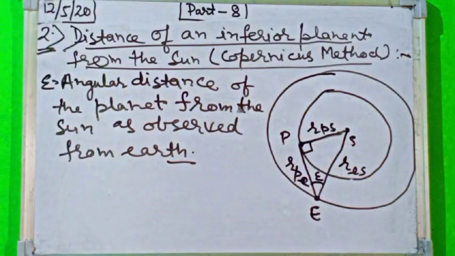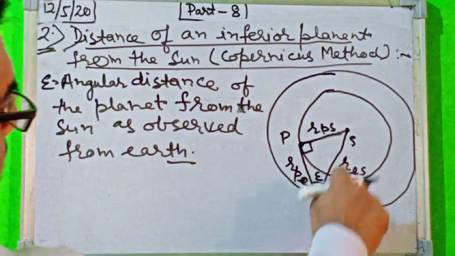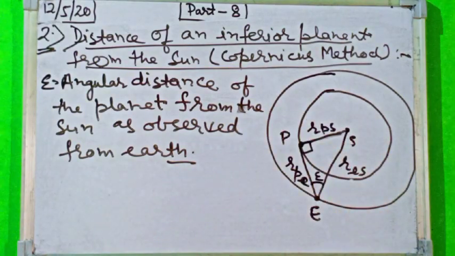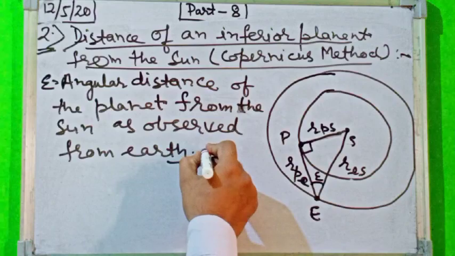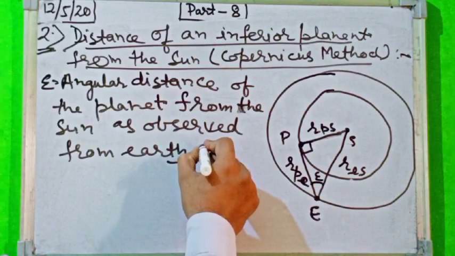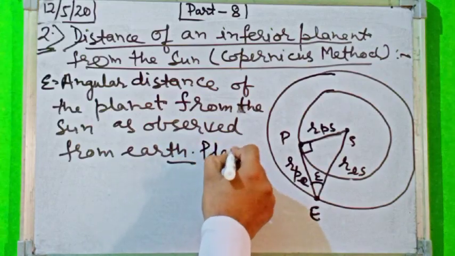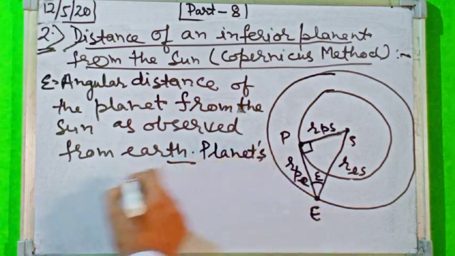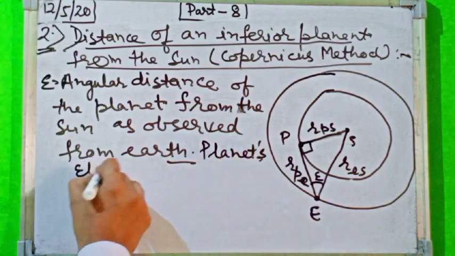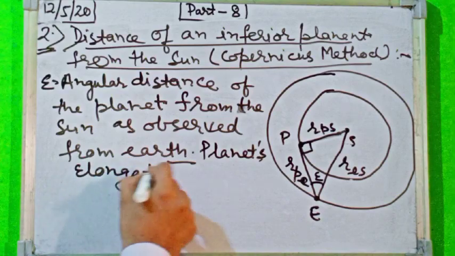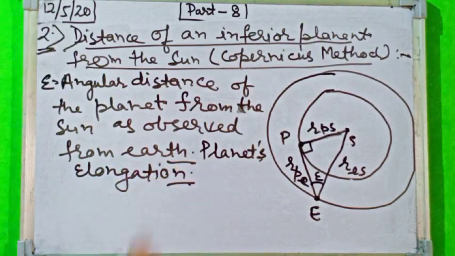In easy language, the angle between earth-sun and earth-planet is called epsilon, and this is called the planet's elongation. Clear? So this is the angular distance or angular separation.